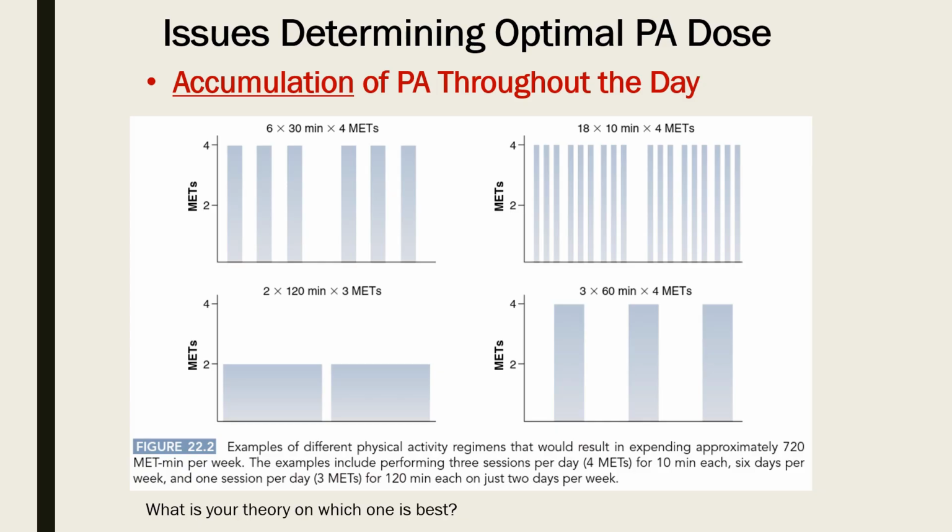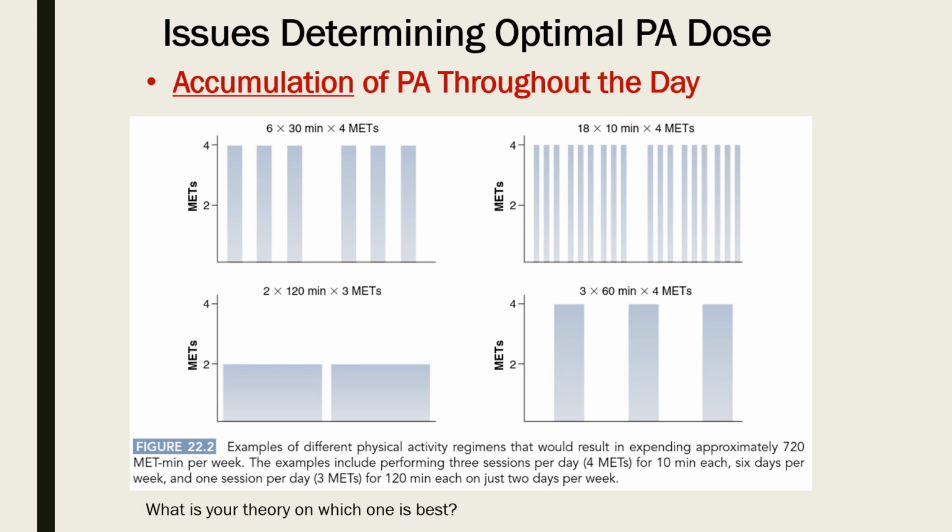Now let's consider the key factors when determining the optimal activity dose for yourself, a client, or a patient. What type of activity pattern should be promoted if the minimal volume requirement is met? This figure shows 4 different exercise profiles, each providing a total of 720 MET minutes of exercise per week. The patterns vary widely. For instance, one option could be 6 sessions per week, each 30 minutes long at 4 METs. Another could be 2 sessions per week, each lasting 120 minutes at 3 METs.